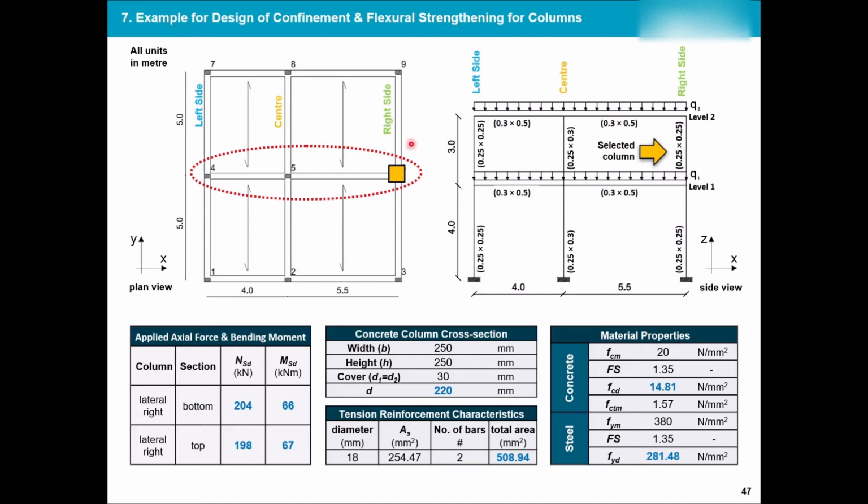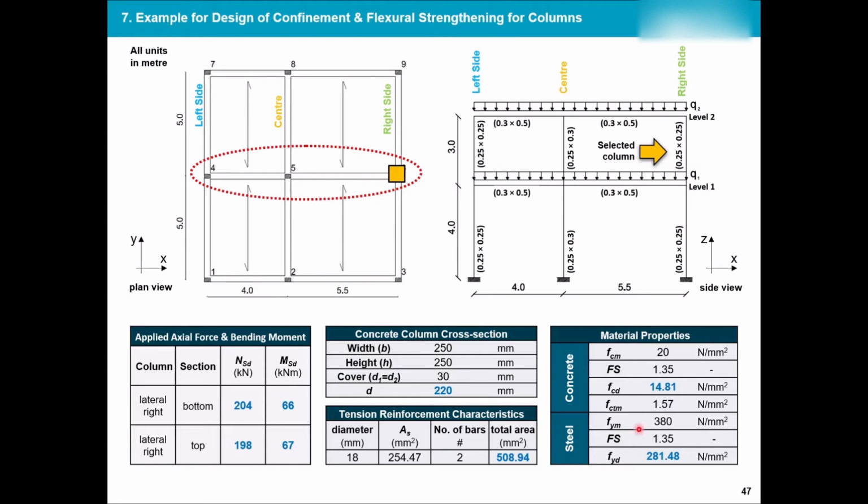Now, for the structure that we have, I am selecting this column, for example, in the second floor on the right side. I have the dimensions, I have the analysis results, the applied axial force and the bending moment. I have the cross-sectional properties of my column. I have my material properties, the mean values of strength for concrete and for steel.